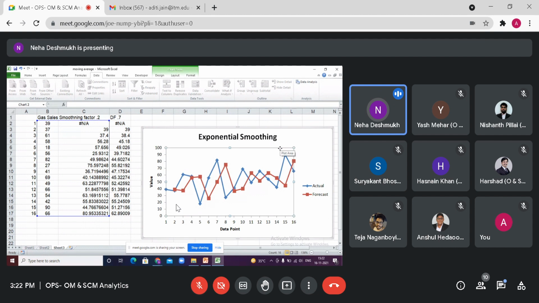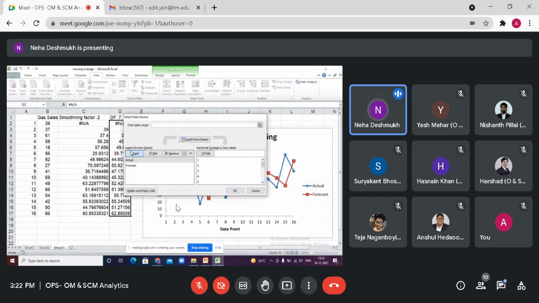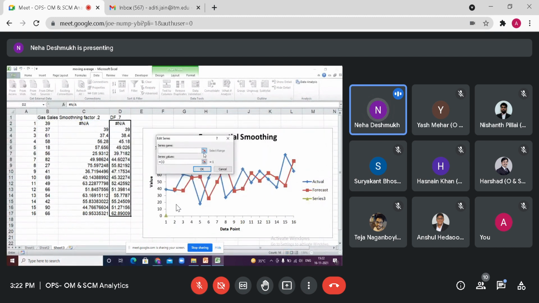Just right click on this, select data, add this data with damping factor 0.7, select the series.